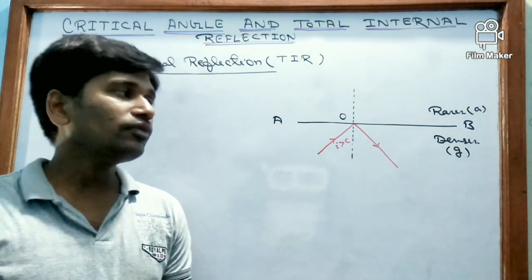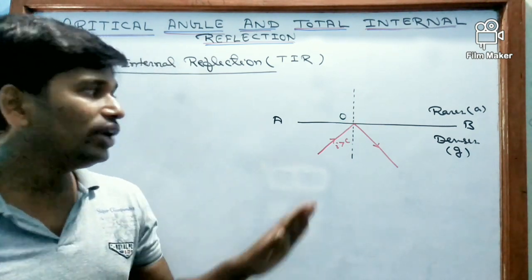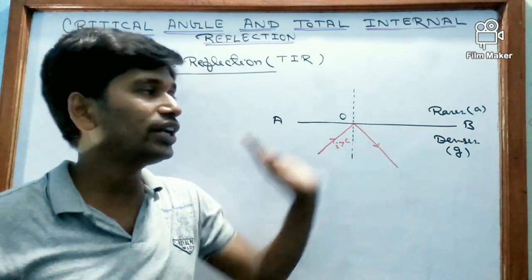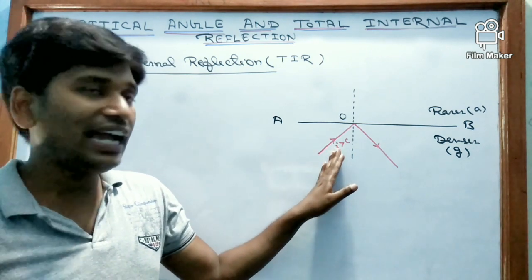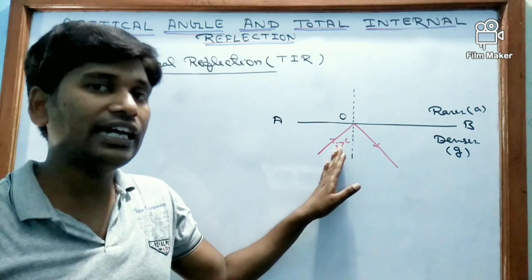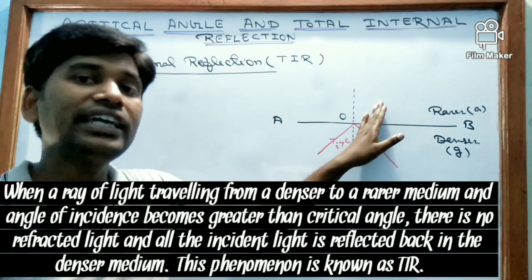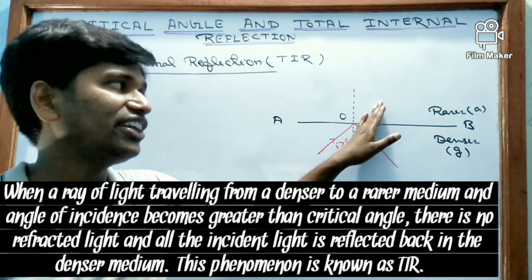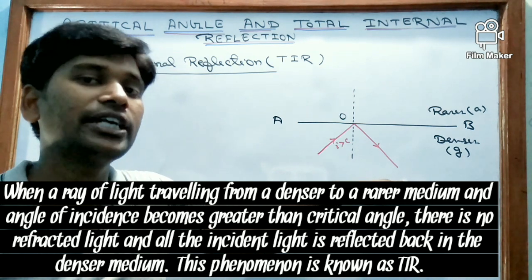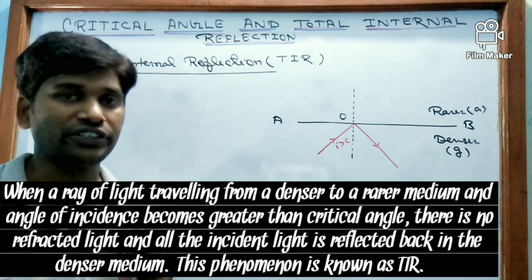So we can define total internal reflection as follows: when a ray of light travels from denser medium to rarer medium and the angle of incidence becomes greater than the critical angle for the given pair of media, then no ray gets refracted, and all the rays get reflected back in the same medium. This phenomenon is called total internal reflection.